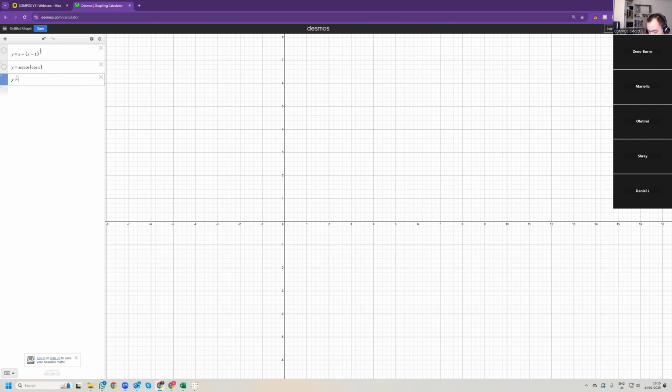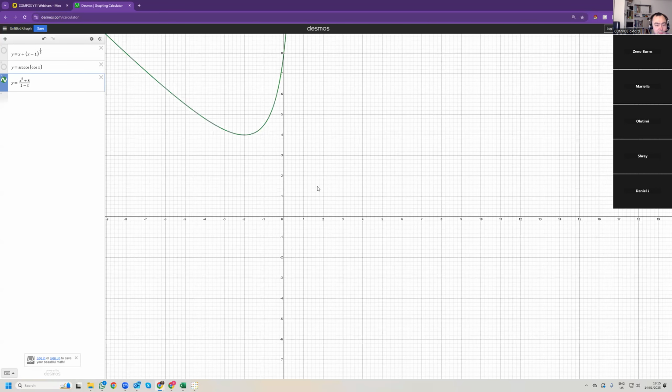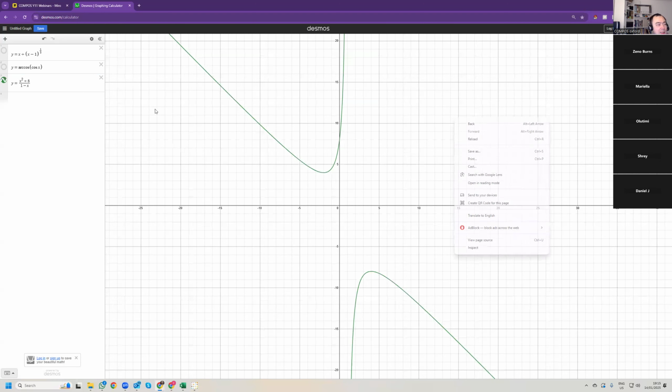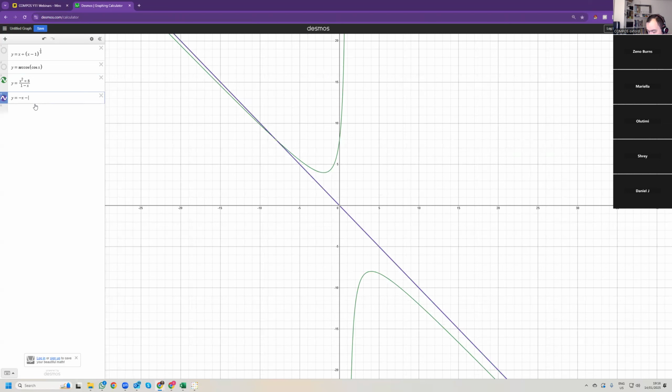Y equals x squared plus 8 over 1 minus x. It does indeed. And we can draw the asymptotes. Y equals minus x minus 1 and x equals 1.